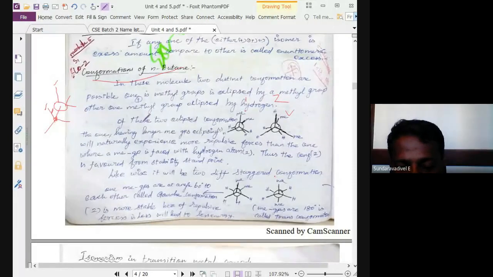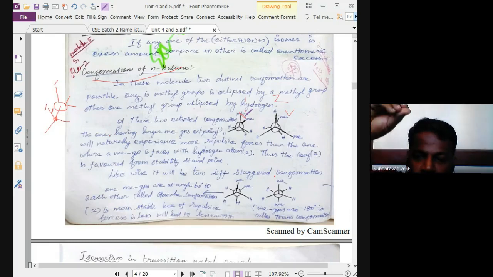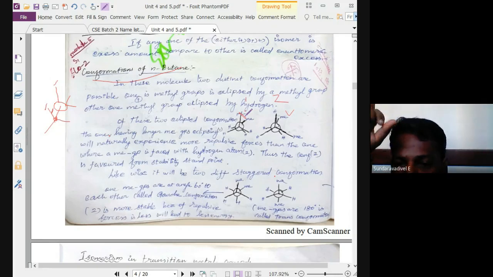For these two eclipsed conformations, the one having the larger methyl groups eclipsing will naturally experience more repulsive forces than the other. Look at it. Here the methyl group is there, here also a methyl group is there, so the methyl group is eclipsed. Therefore, automatically more repulsive force is there, and that is unstable when compared with the methyl group eclipsed by the hydrogen atom.